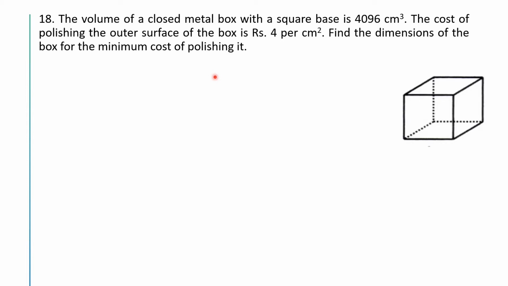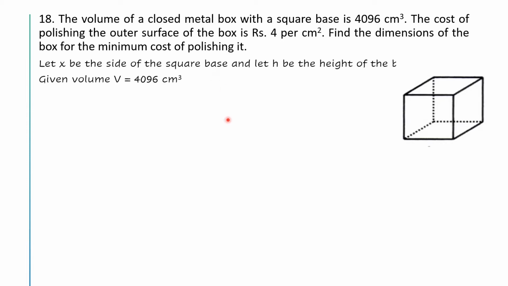So first let x be the side of the square base and let h be the height of the box. So the side of the square base is x and the height is h. Here it is given the volume is 4096 centimeter cube.